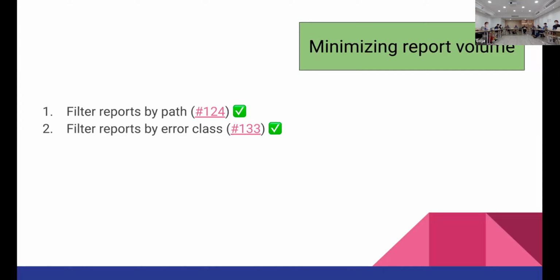And then the second one is a similar request, but do this based on error class, so that perhaps your DNS error reports need to go one place and need to be sampled at a certain rate, and your connection error reports or your HTTP error reports go somewhere else. Again, I believe we talked about both of these back in April and decided that we should probably go forward with it. We just need to get the work done.